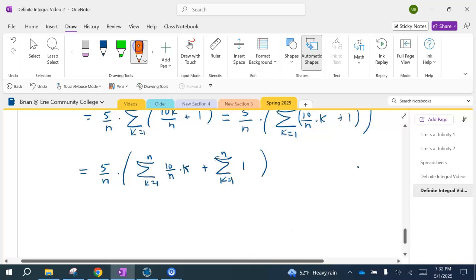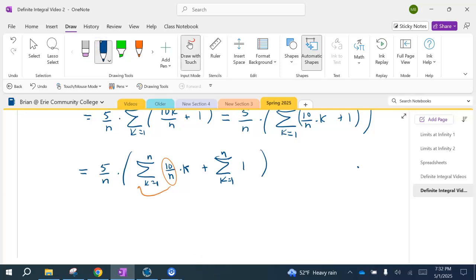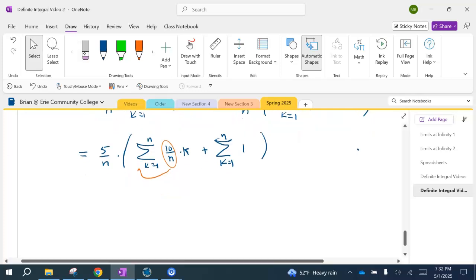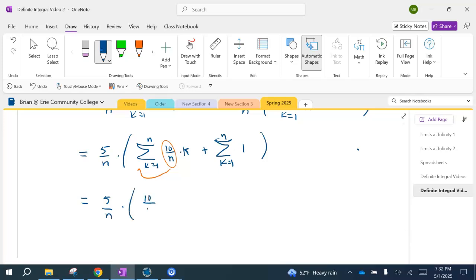We're going to, again, make use of the fact that n is a fixed constant, therefore 10 over n is currently a fixed constant, so we can take this out of this first summation and put that in the front, because that's a common factor to each one of those terms when we go to add that up. And so we get next that we have, again, still 5 over n out front. Then we're going to have 10 over n times the sum of the first n integers.